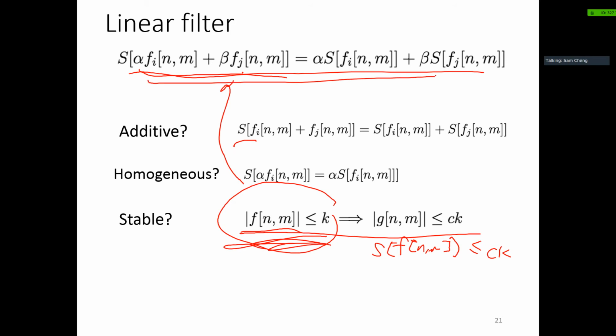And then if you want to really show this, you're supposed to use this, and then you want to argue that this is true for some C, right? Can't you just say the action of S on alpha times F, your function, is going to be less than or equal to alpha K, and similarly for beta?